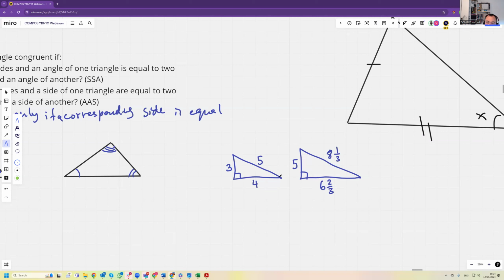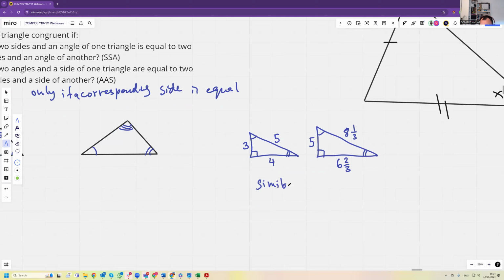These triangles are similar. They have the same angles. So this angle is equal to this angle. This angle is equal to this angle. And this angle is equal to this angle. But clearly, they're not congruent. But they do have the same side. It's not a corresponding side. They're similar, but not congruent.